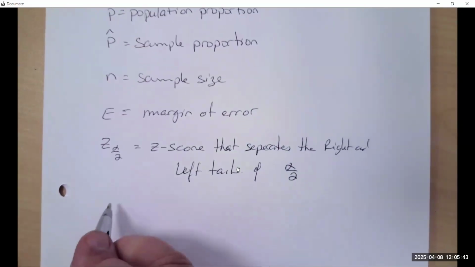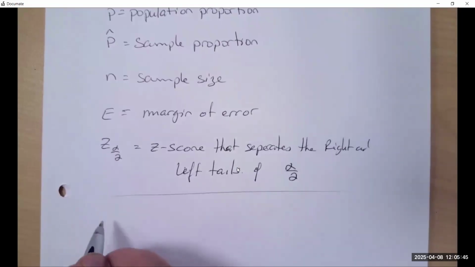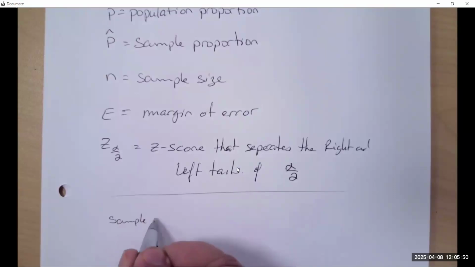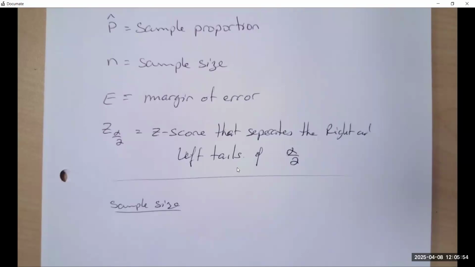All right, so here is sample size. They have to be random samples and they have to be independent of each other. If they're dependent on each other, then we have issues because the values themselves are dependent on something else.